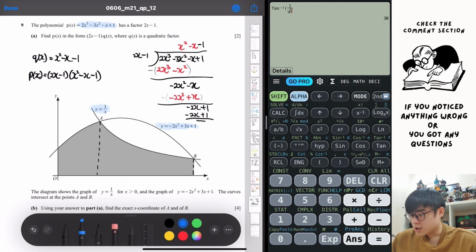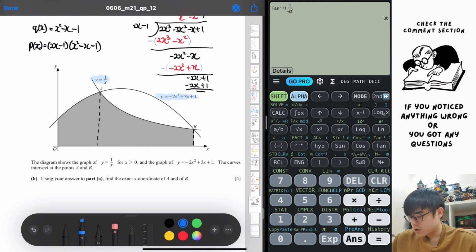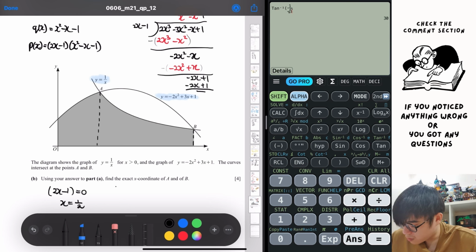They actually intersect at 2 points here. So let's have a look. The first one would actually be 2x minus 1 equals 0, so x will be 1/2. And the other one is from this equation here.